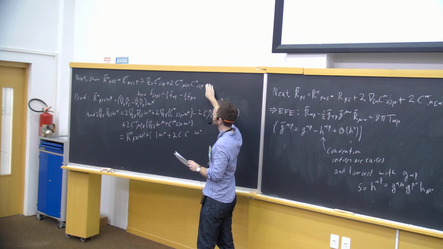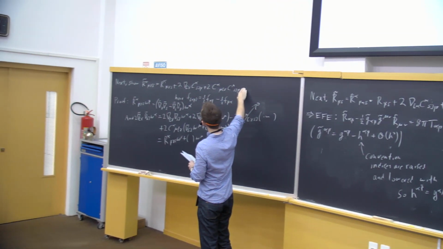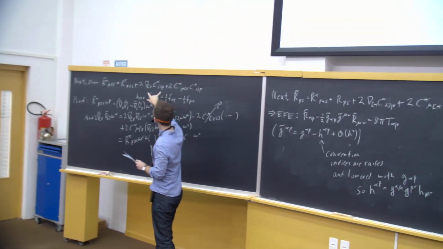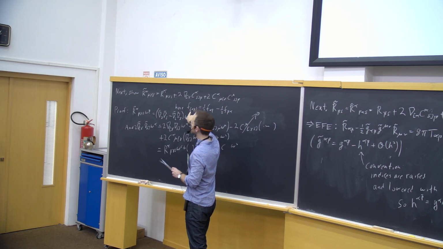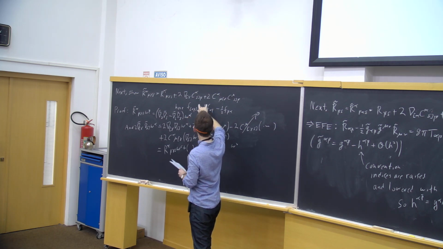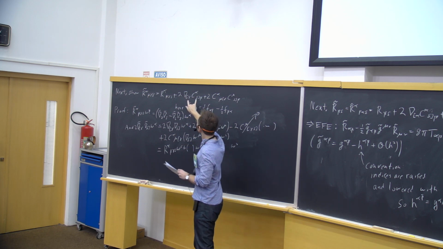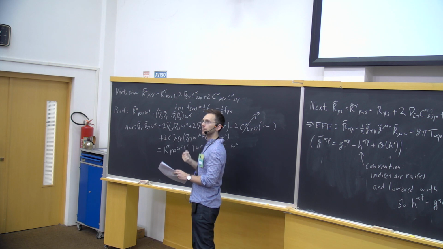This one here? Yep. These brackets? So that's this notation here. It's the anti-symmetric combination, so I take gamma delta, multiply by half, and I subtract the reverse, gamma here, delta there. Okay?